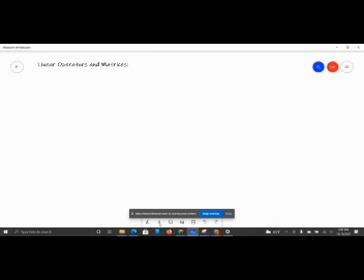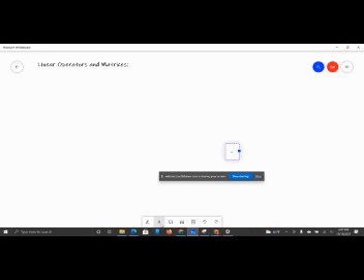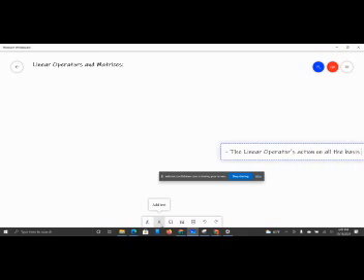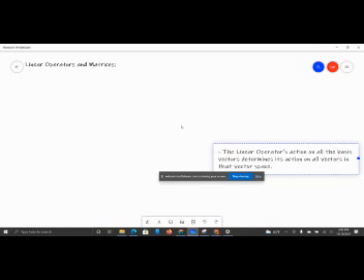First of all, let us consider this assertion: the linear operator's action on all the basis vectors determines its action on all vectors in that vector space.